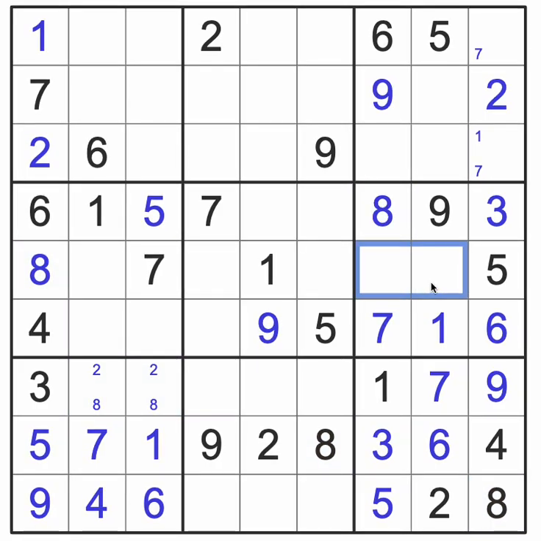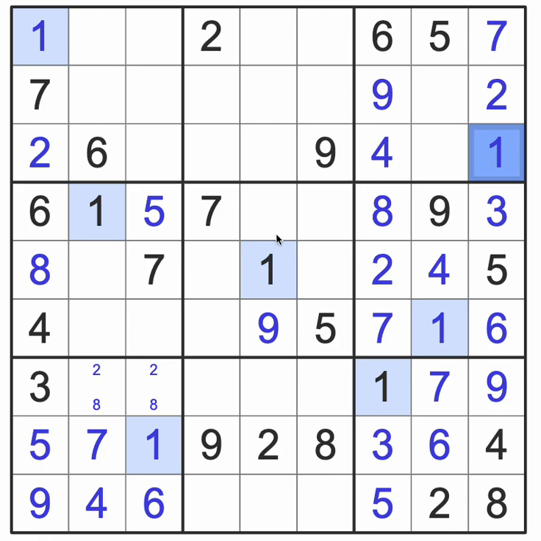And these two are 2 and 4. 2 is here, so this is 4 and this is 2. That leaves only 4 for this cell, and this 1 has already made this cell 7, and here's 1. These two are 2 and 4. 2 is here, so this is 4, and this is 2.